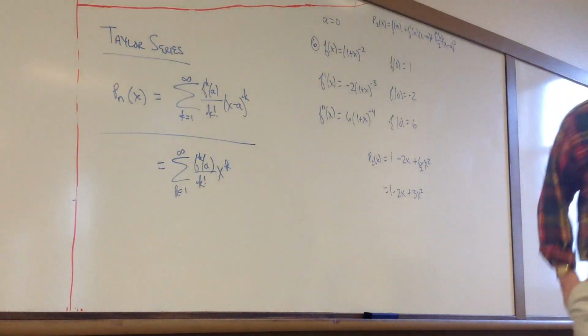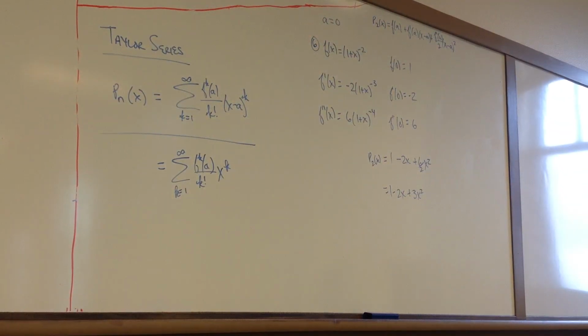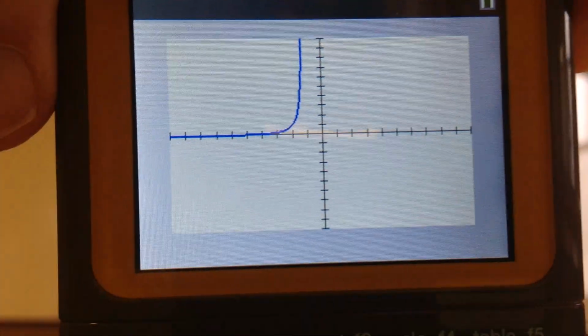Now let's take a look at that one as well. So 1 plus x to the negative 2 power, and then 1 minus 2x plus 3x squared. Let's get it to focus again. So there's our two functions. Now let's look in the standard window and see what it looks like when we graph them.